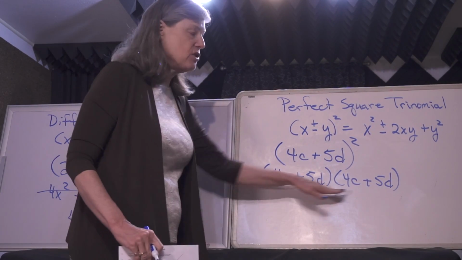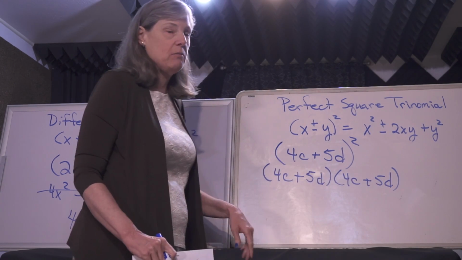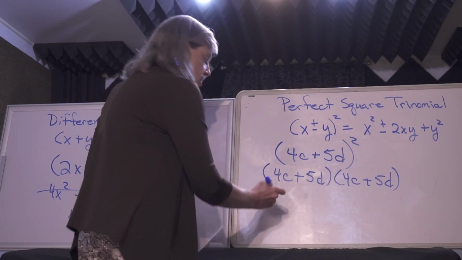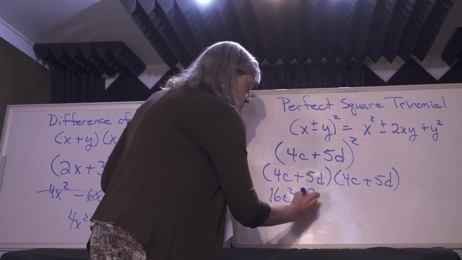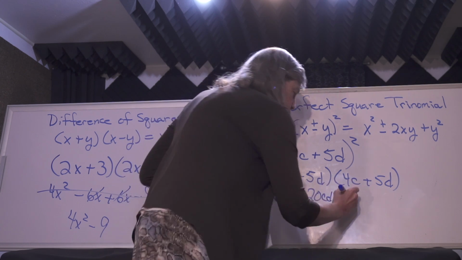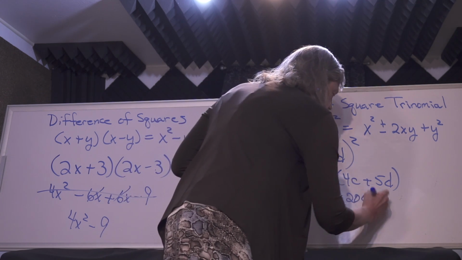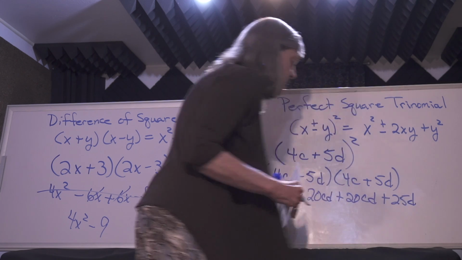In this one, our x's are the same, our y's are the same, and our signs are the same. So again, if I FOIL this out, I will get 16c squared plus 20cd plus 20cd plus 25d squared.